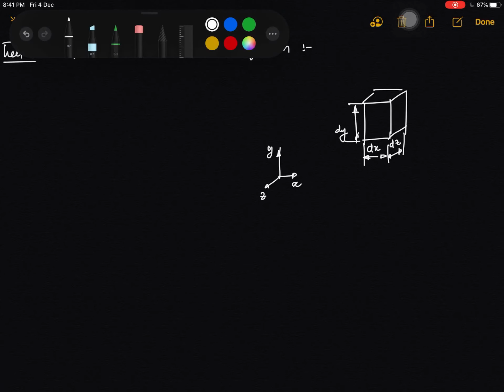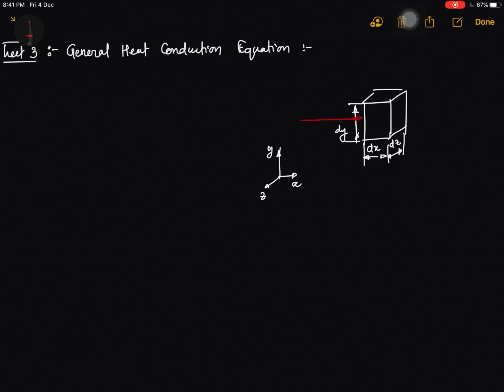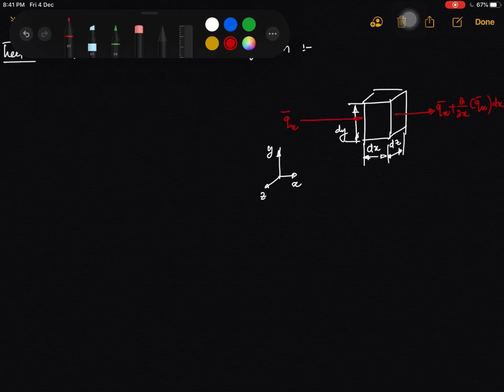Okay, so let's suppose some heat flux is entering the body in the x direction as shown, and it has the value qx bar, and the heat flux that is leaving in the x direction will be qx bar plus dou by dou x of qx bar into dx.